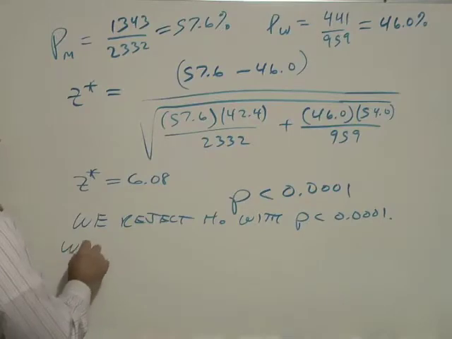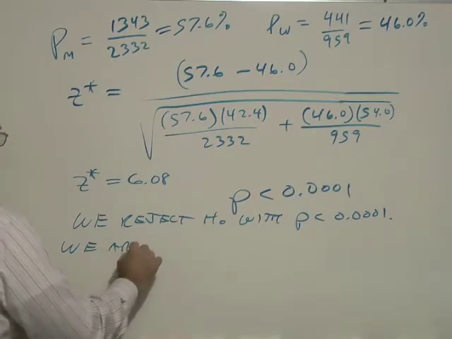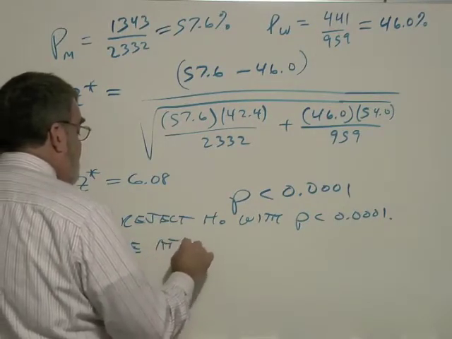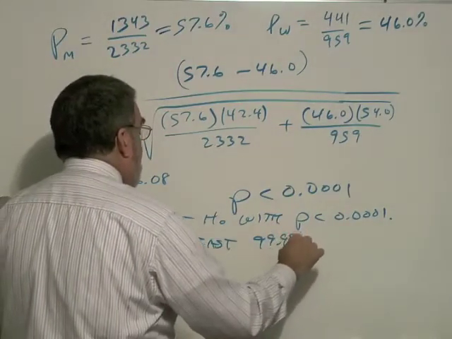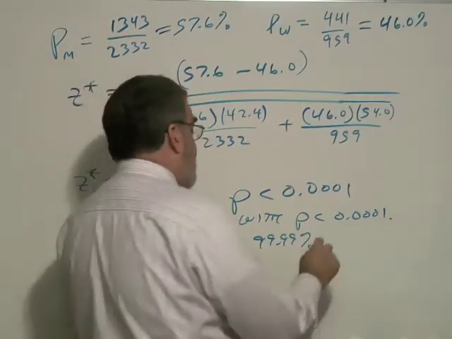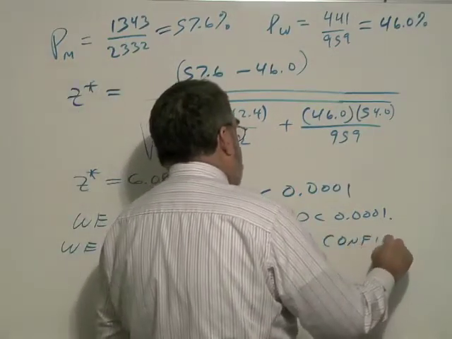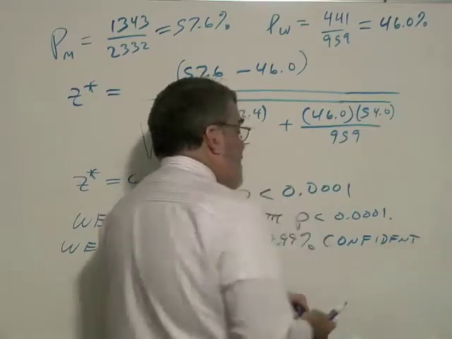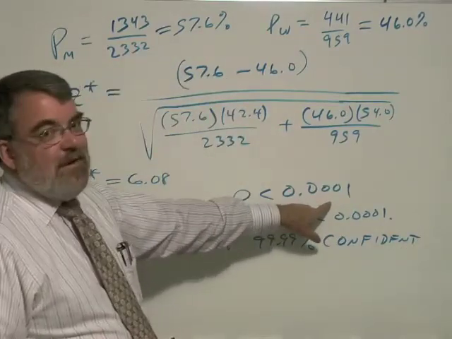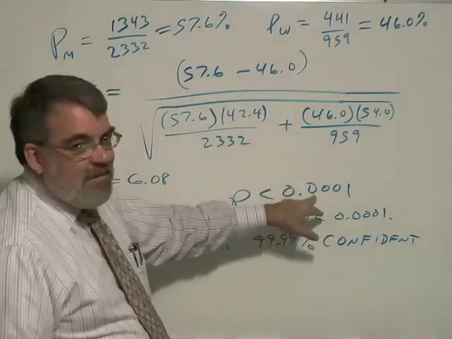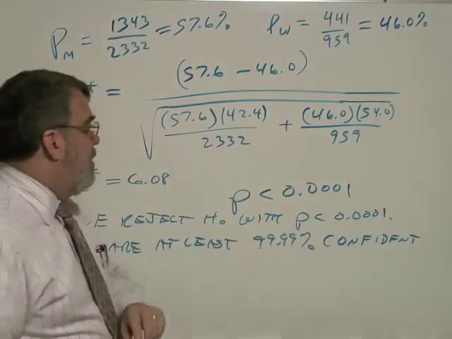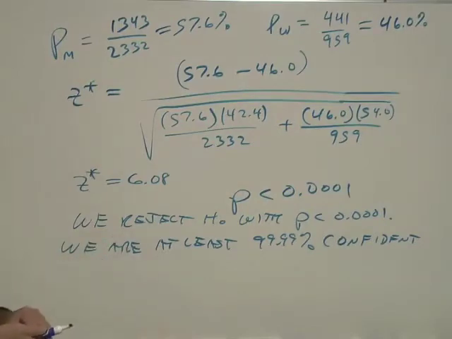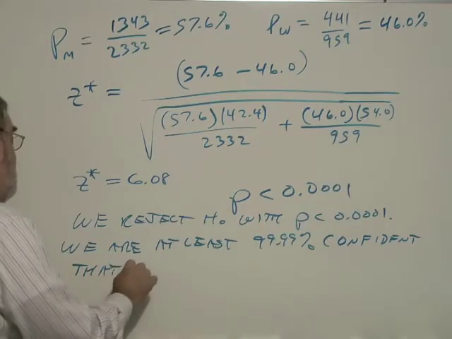We are at least 99.99% confident. How's that for confidence? And I get that number from subtracting from 1. 1 minus this number is 0.9999, four nines, 99.99%.